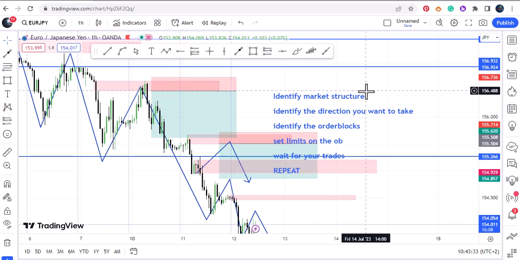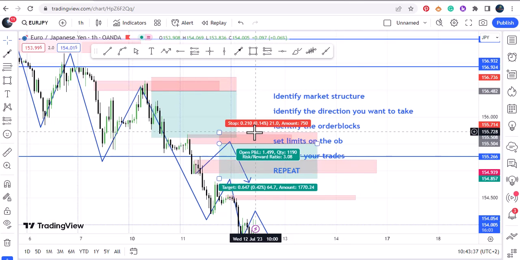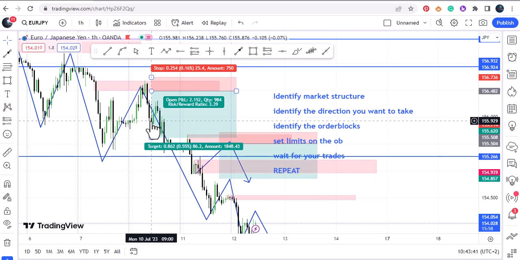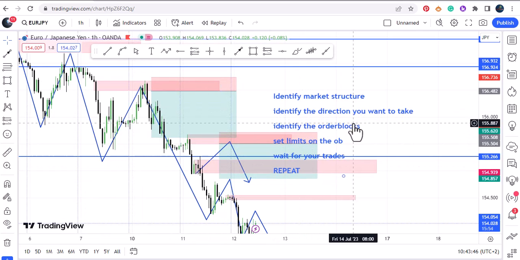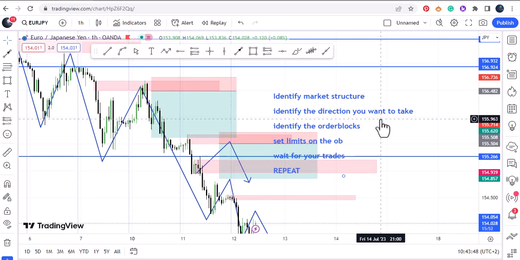So number one, we identify market structure. Market structure identification is what we have been doing when we were marking this schematic with these lines, right? Then number two, you identify the direction that you want to take. Here you are identifying what you call order flow.